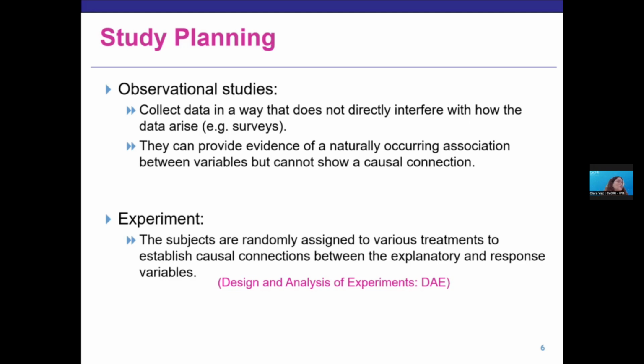In this situation, the decision maker can establish a causal relationship between the response variable and the explanatory variables. For this, we have the design and analysis of experiments. We will have a workshop about this next month.